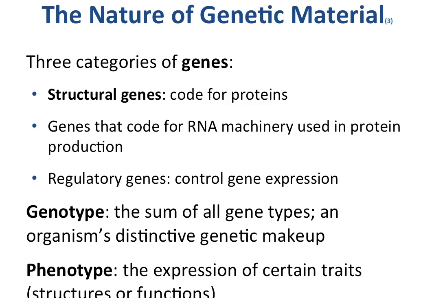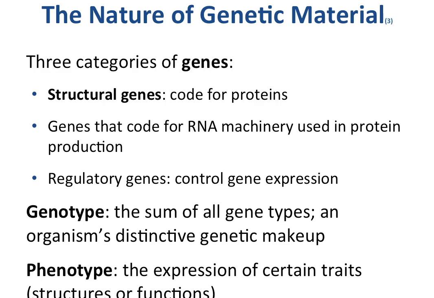For the genes, we have structural genes. Those genes code for the proteins, because proteins are used to build our body and make the enzymes for metabolism. So this is called structural genes.